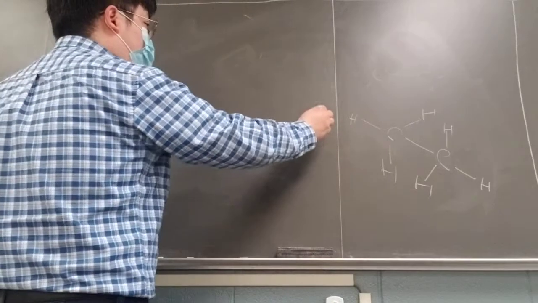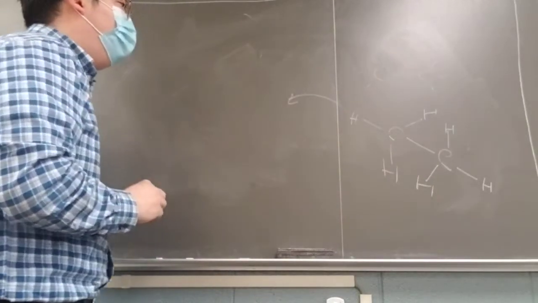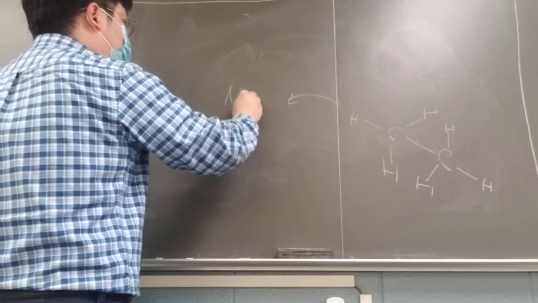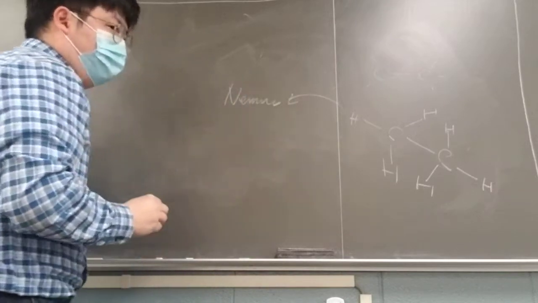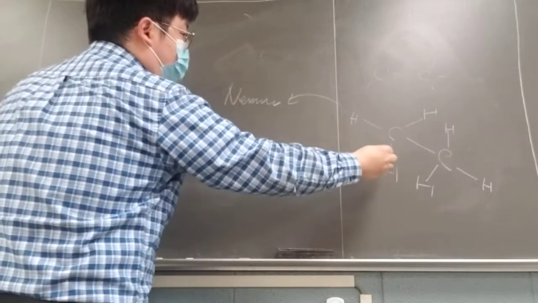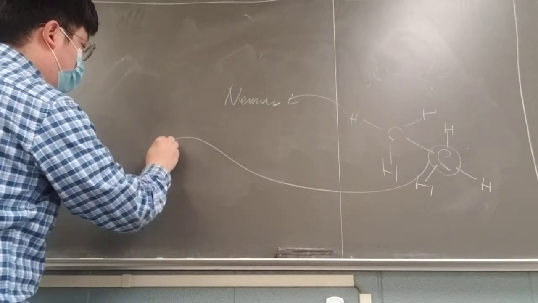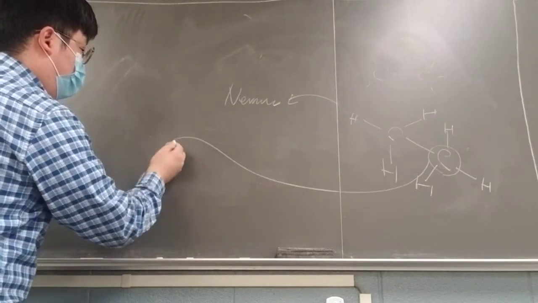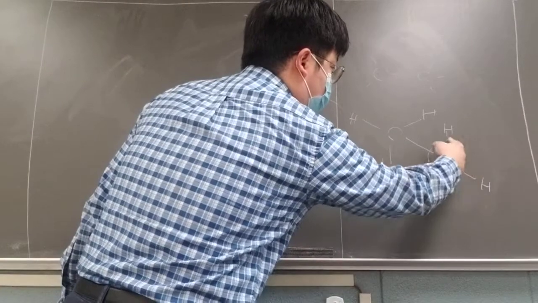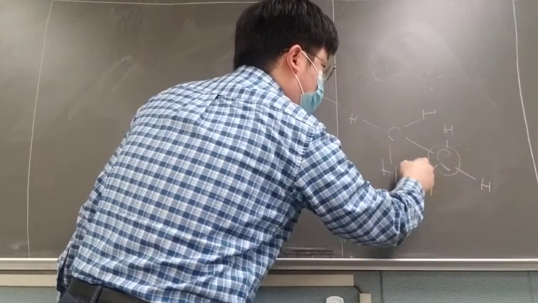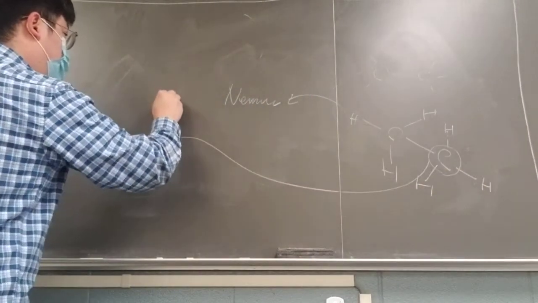So what we actually use the most is the Newman projection. In the Newman projection, this carbon comes to a dot, and then you draw the bond angles of the carbon-hydrogen bonds to each other.